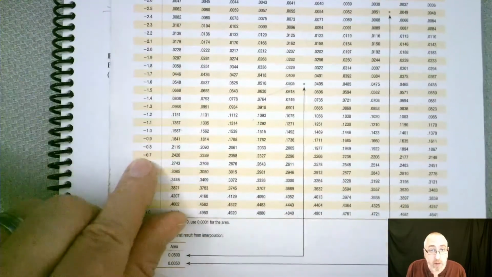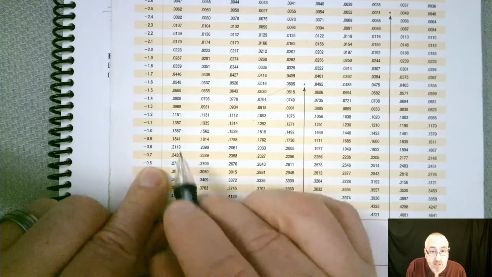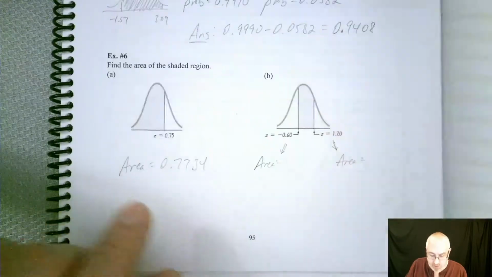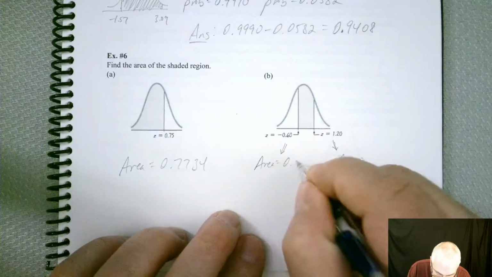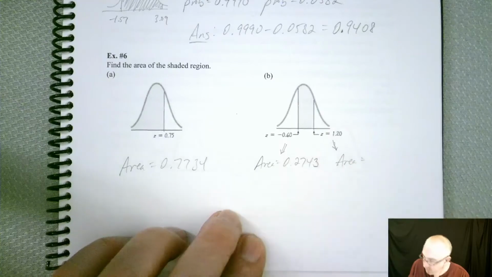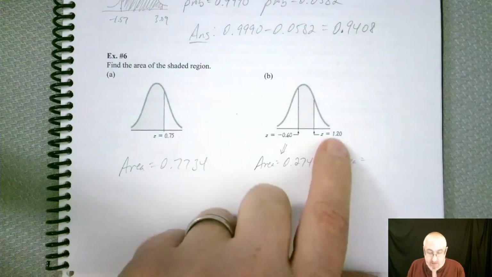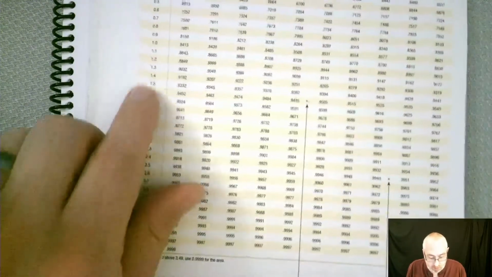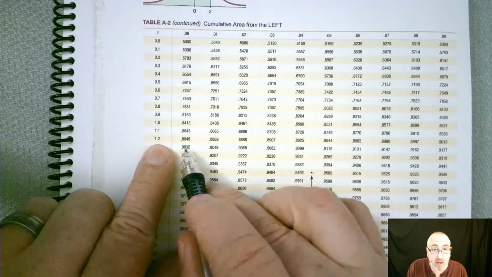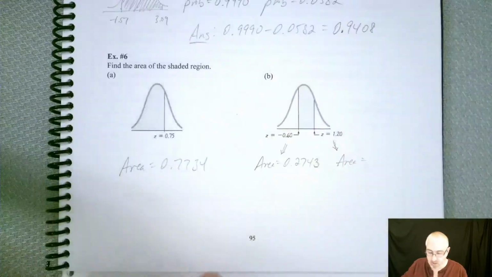Negative 0.60 is in the first column, so 0.2743. And then we need our positive 1.2 z-score. So 1.2, and again zero in the first column, so 0.8849.